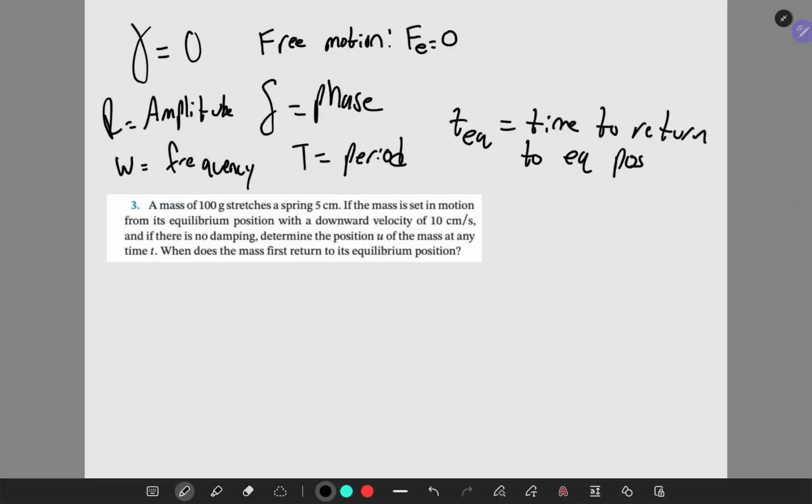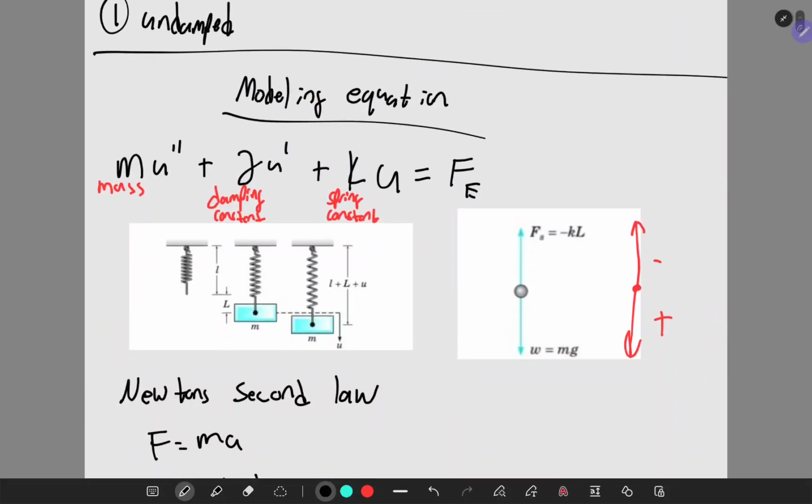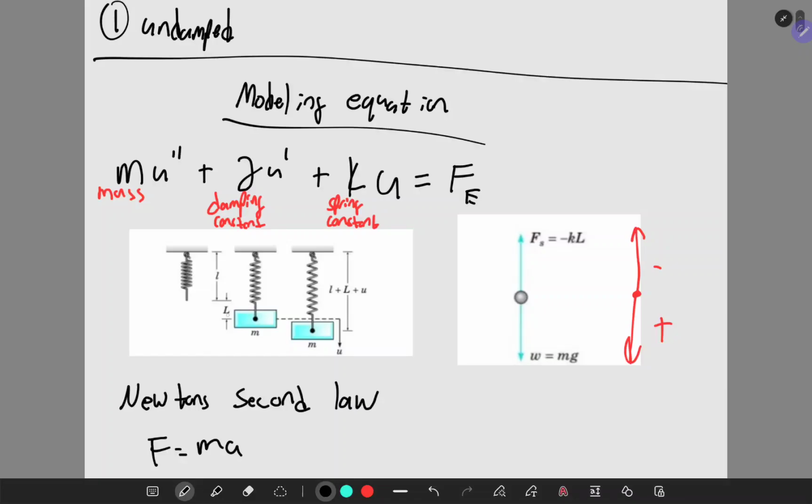A mass of 100 grams stretches a spring 5 centimeters. So our capital L is 5 centimeters.